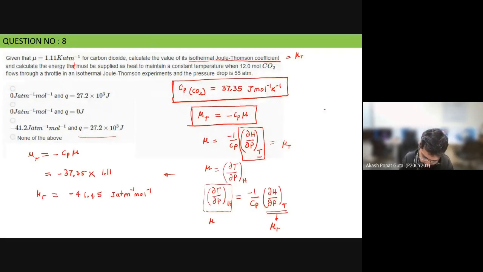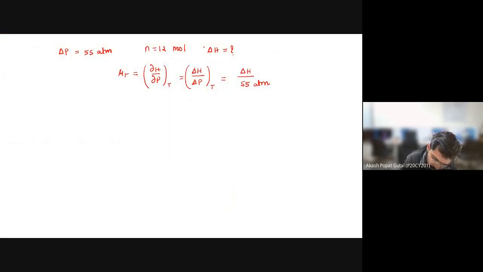And what we know that mu T is, we know. So if we calculate delta H, let me write it in terms of expression. Delta H is equal to mu T into delta P. Fine.